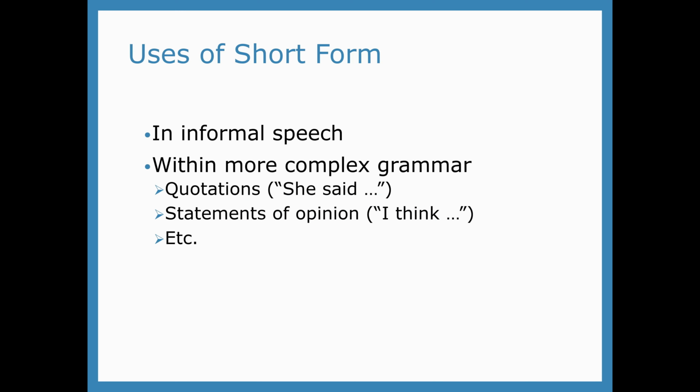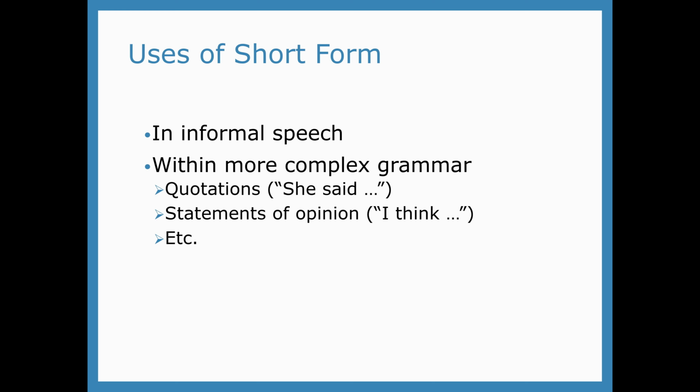So the short form, we talked a little bit about, perhaps back when you were in 1010 and we were first introducing our verbs. We have two kinds of verb conjugations overall in Japanese. We have the long form verbs, your masu, masen, mashita, mashou, and we have short form sentences.